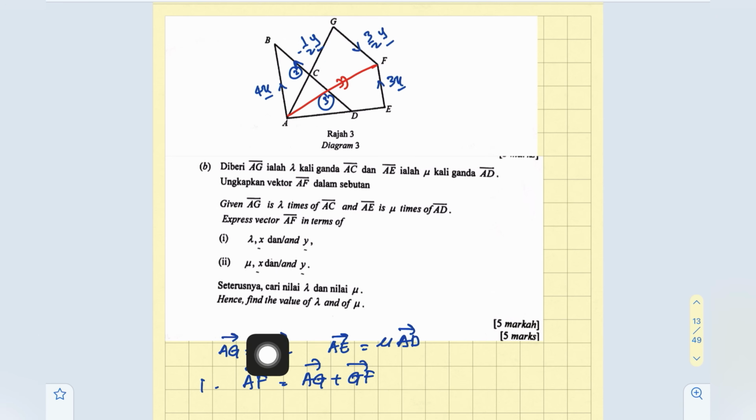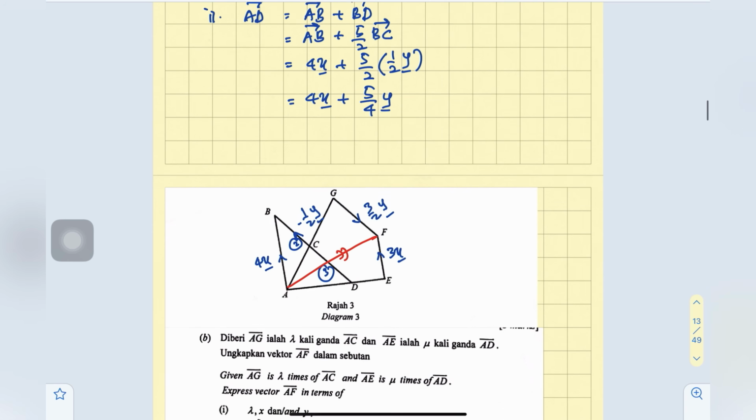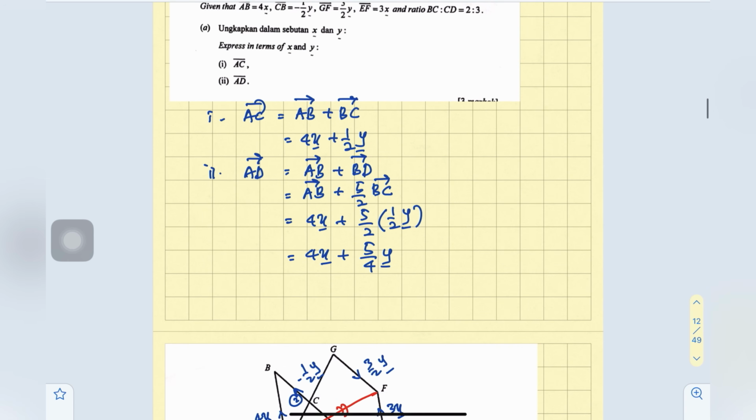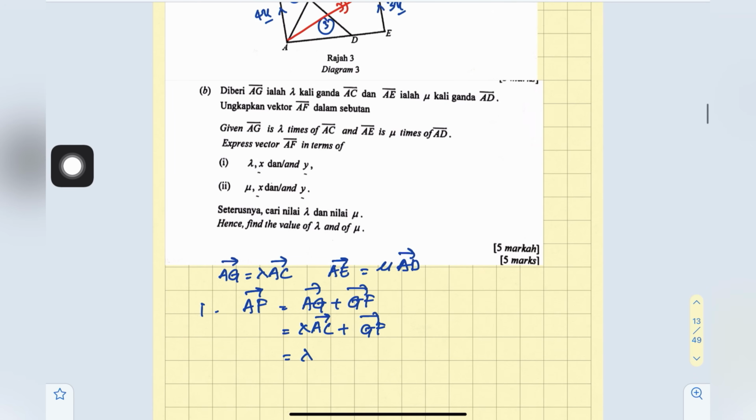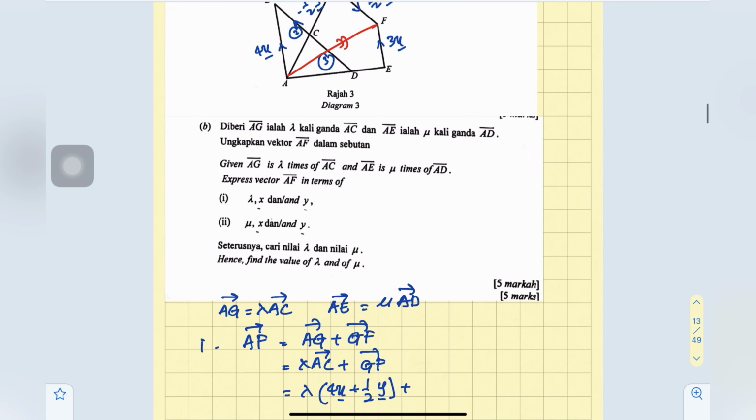So AG kita gunalah lambda AC. So this one equals to lambda AC plus GF. Okey, AC kita dah dapat daripada A tadi. AC equals to 4x plus 1 over 2y. So, kita masukkanlah dekat sini. Okey, plus GF daripada gambar ni.